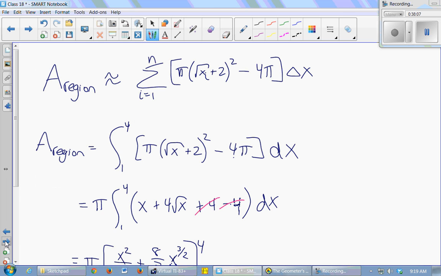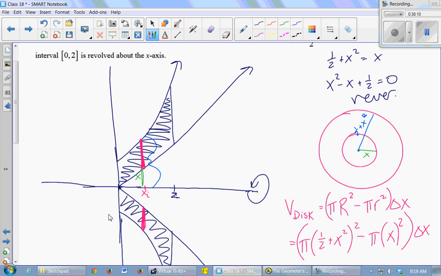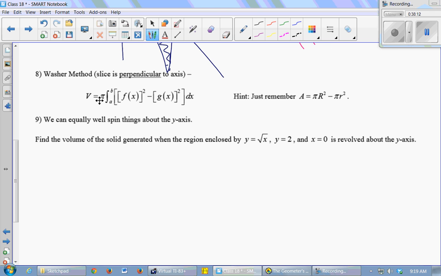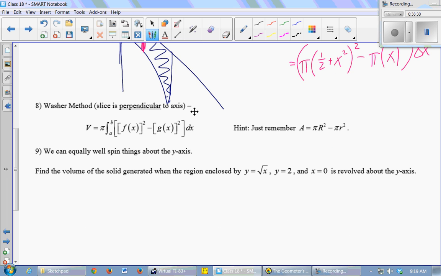Okay, and then the washer method is pi times an integral of f of x squared minus g of x squared. f of x being your outer radius, g of x is your inner radius. So I don't ever remember these guys. I always start from a picture, draw the cross section, and come up with a formula, right? But if you're a formula person, you can use this.